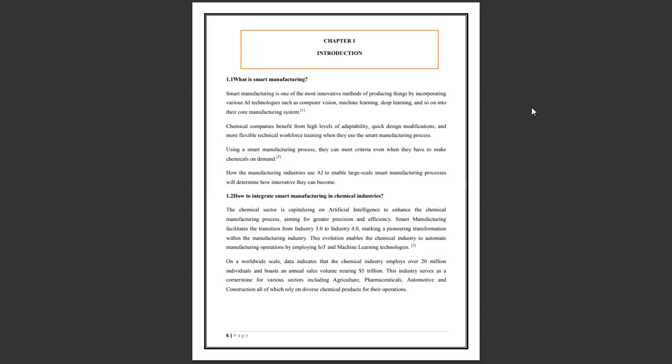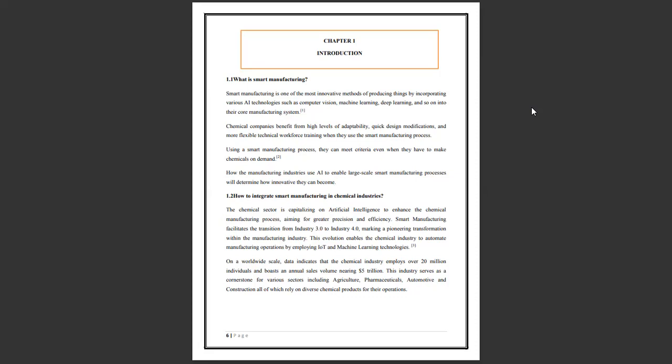Chemical companies benefit from high levels of adaptability, quick design modifications, and more flexible technical workforce training when they use the smart manufacturing process. Using a smart manufacturing process, they can meet criteria even when they have to make chemicals on demand. How the manufacturing industries use artificial intelligence to enable large-scale smart manufacturing processes will determine how innovative they can become.